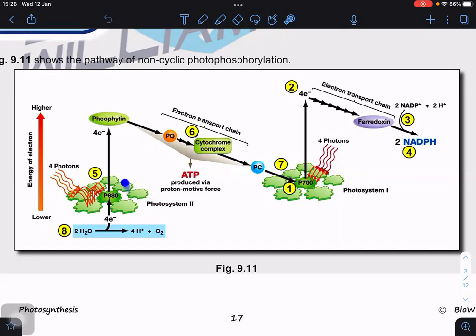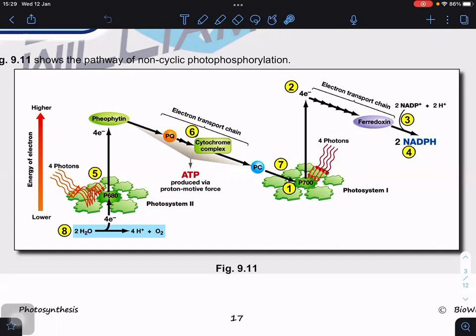So photosystem 2 also receives the photon. What happened? The light energy passes to the reaction center P680. Again, photo excitation takes place. This electron passes through this electron transport chain, where chemiosmosis takes place.